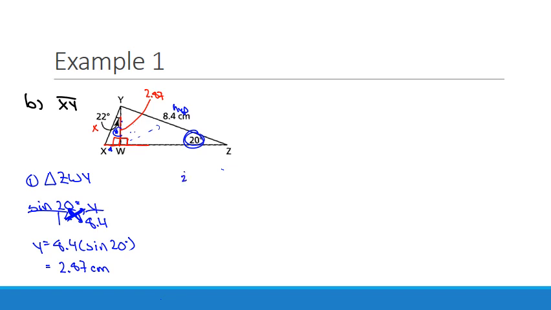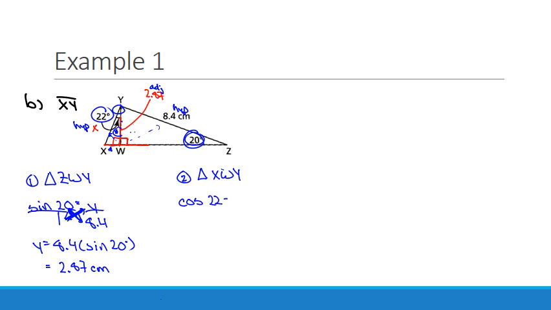So now in my second triangle, triangle XWY, I can find that side X, because I've given myself a side length from this triangle. So I'm going to use this 20 degrees, which is really there. Now I'll start naming everything. So this would be the adjacent leg, and then this X ends up being the hypotenuse, because it's across from my right angle. So adjacent and hypotenuse, that is cosine.